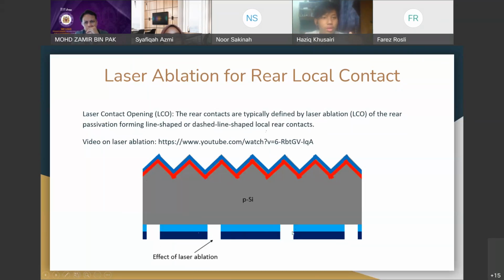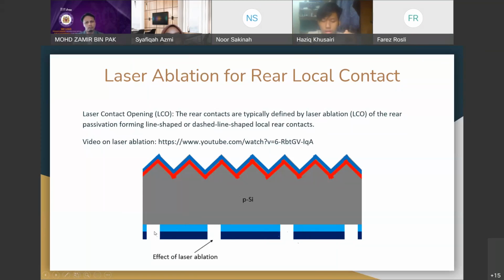It shows how exactly laser ablation occurs. To put it into perspective, have you watched how people do tattoo removal using laser? That is the way laser ablation for real contact occurs using LCO.